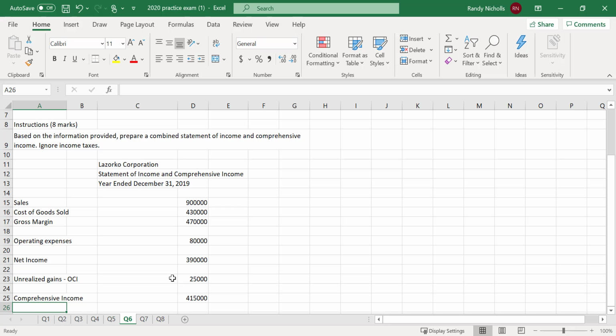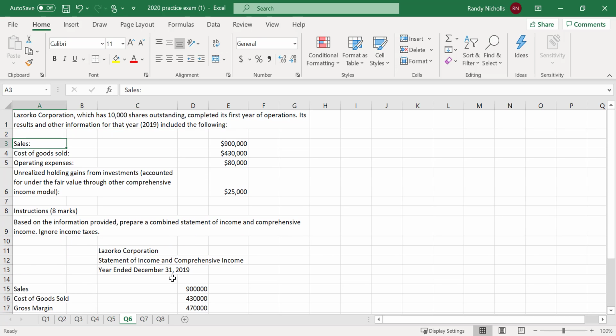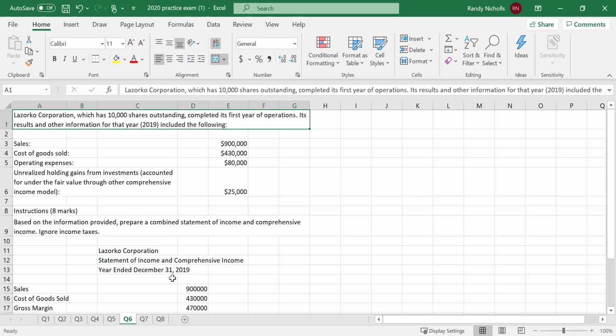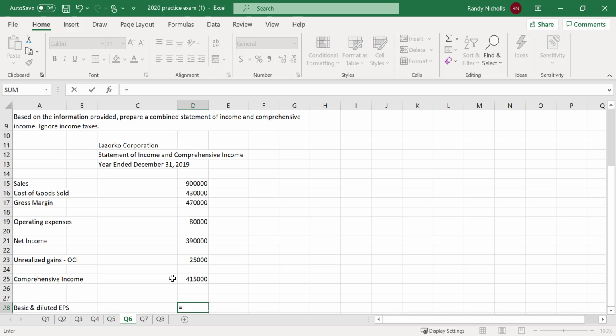Okay. I might be done. I think I'm done, but no, I'm not done, because if it's got comprehensive income, it's IFRS. If it's IFRS, I need earnings per share. There's 10,000 shares outstanding. So basic and diluted EPS. And again, remember, earnings per share is on net income, not comprehensive.